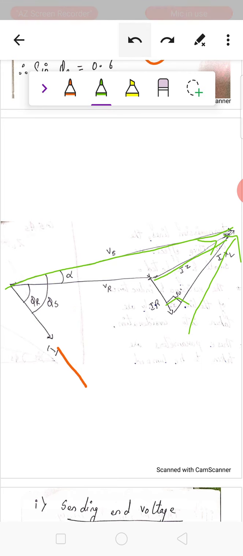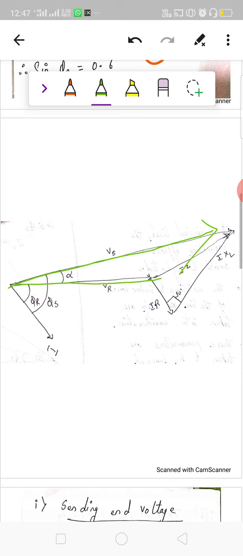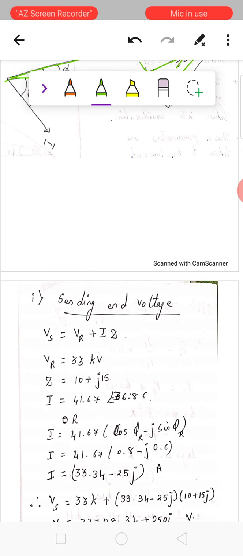From this vector diagram you can see that to find Vs, I have to add Vr plus I into Z. The same thing I have written here: Vs equals Vr plus I into Z. This can be done through the vector diagram, or through the equivalent circuit also.